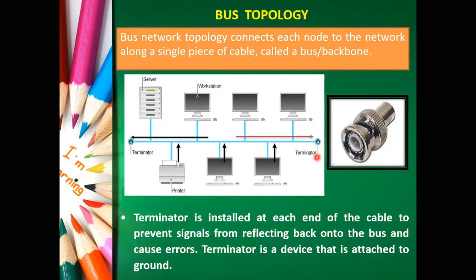Meanwhile, another computer can transmit data, so they can collide with each other to cause errors, or signal loss may occur. So for this reason, a special type of device, terminators, are attached at both ends of the bus.